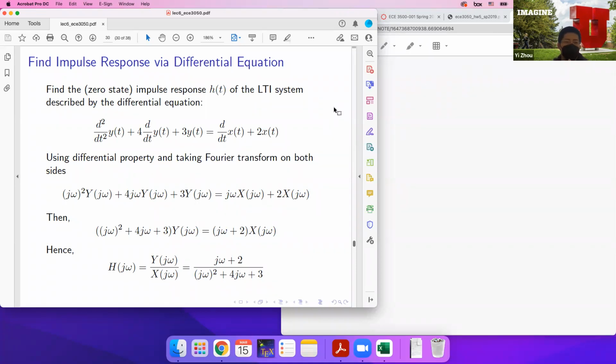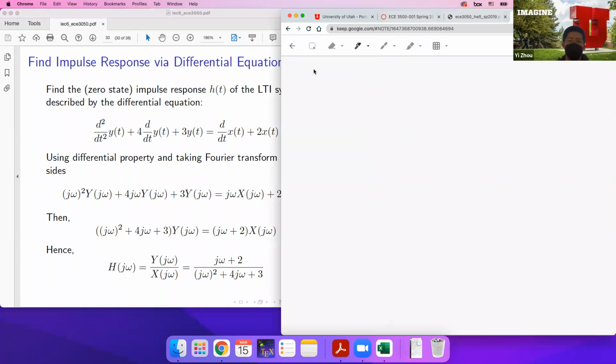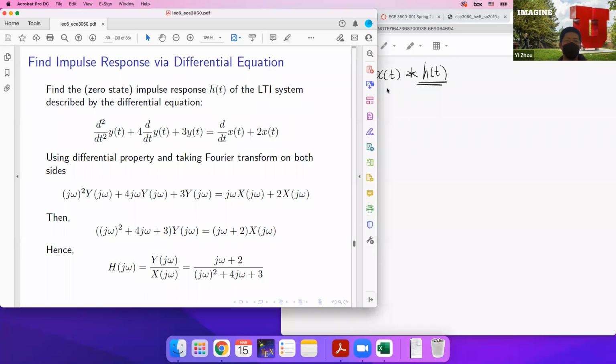If you do this in the time domain, it is very challenging, because for an LTI system, y(t) equals x(t) convolved with h(t). Now you want to figure out this h(t), given that x(t) and y(t) satisfy such a complex differential equation.